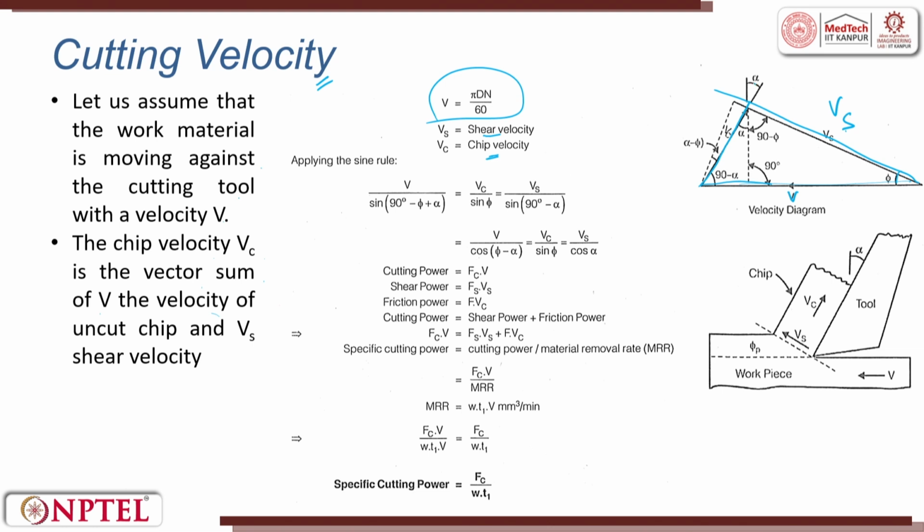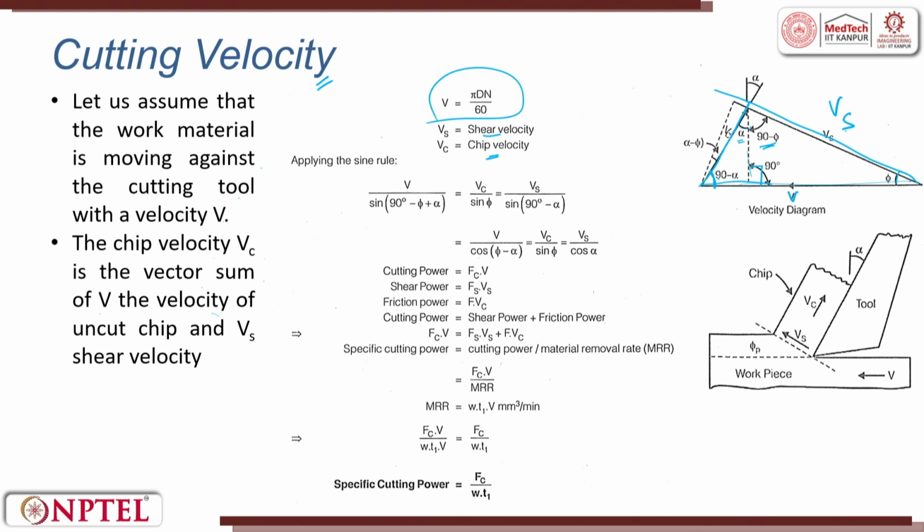We already know the rake angle alpha. When you draw a normal to Vs which meets at V, the 90 degrees you draw is the rake angle. The angle between the normal and the shear velocity is 90 minus alpha. Since this is alpha and this is 90 degrees, this angle is 90 minus alpha.